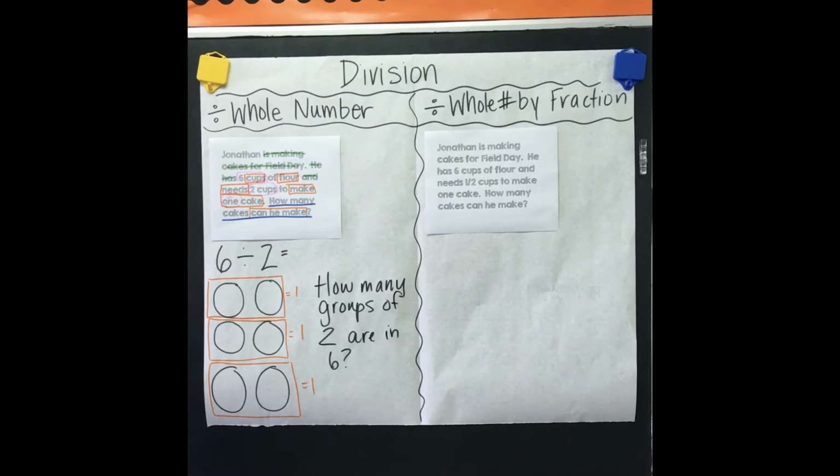Think about my example before, when we have 12 and we're dividing it: we're separating it into groups. Here, we are separating it into groups of 2. So we have 1 group of 2, 2 groups of 2, 3 groups of 2. How many groups of 2 are there in 6? There are 3 of them.